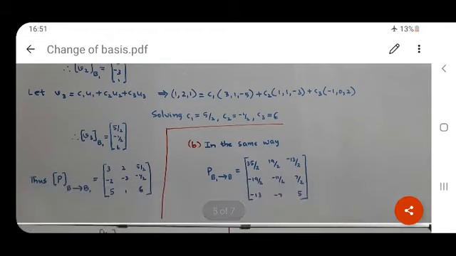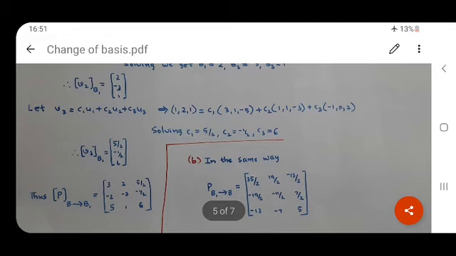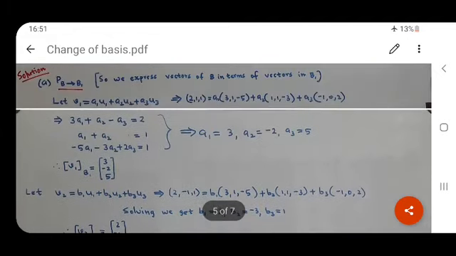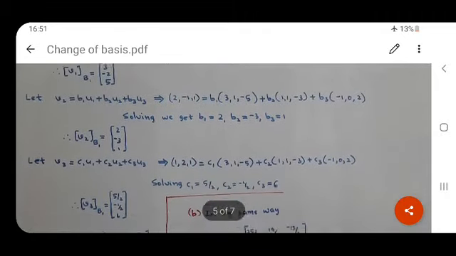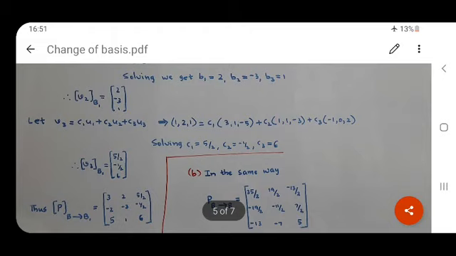Thus the transition matrix from B to B1 is the 3 by 3 matrix whose rows are given by (3, 2, 5/2), (-2, -3, -1/2), (5, 1, 6). So observe that the first column is the matrix of v1 relative to B1, that is (3, -2, 5). The second column is (2, -3, 1), which is the matrix of v2 relative to B1, and the third column is the matrix of v3 relative to B1.